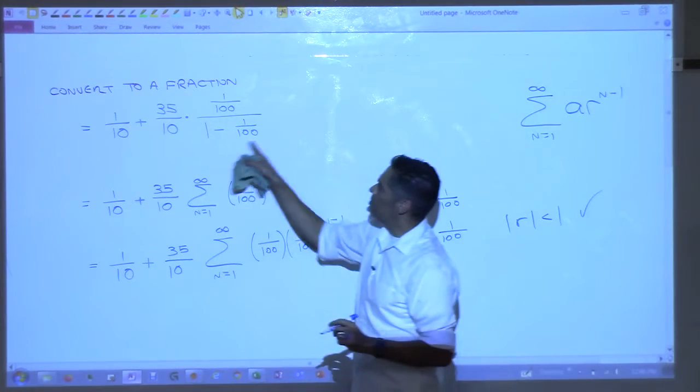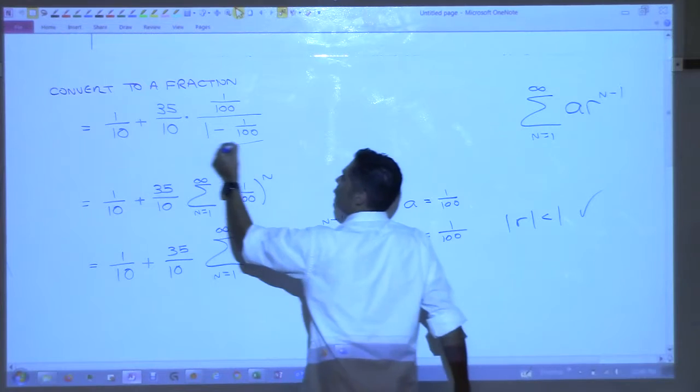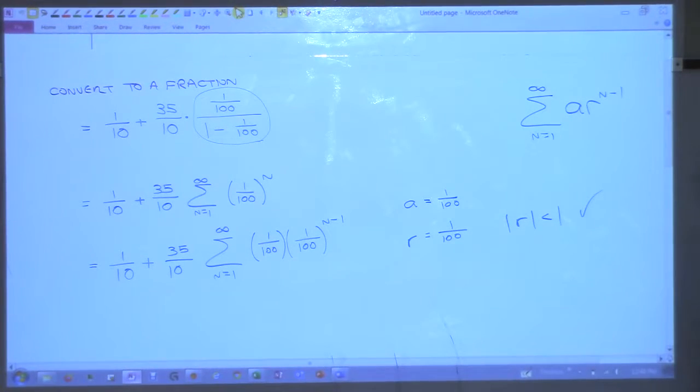So A over 1 minus R. Has anyone figured out what just this piece turns into? Not as a decimal. I think it's 100 over 99. 1 over 99. That would be 1 over 99.